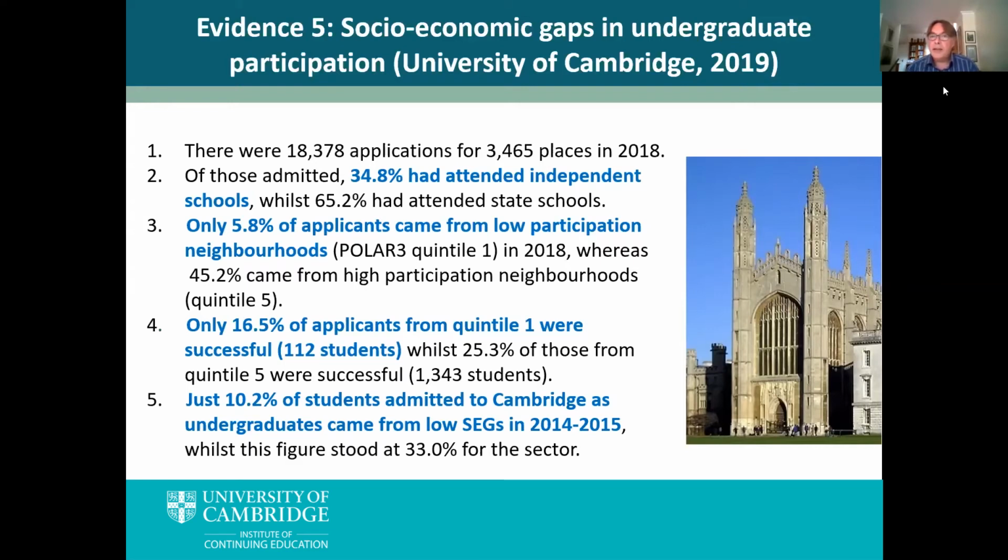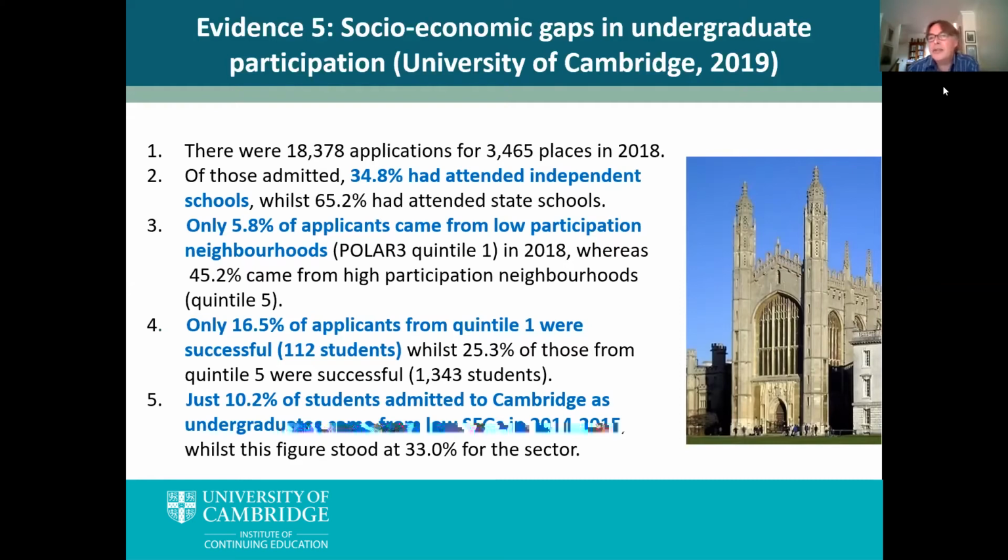The other way of measuring access to Cambridge is using socio-economic group or a measure of social class. And one of the standard measures has been the Office for National Statistics measurement of socio-economic group. But in 2015, HESA, the Higher Education Statistics Agency, actually decided that the measurement of social class in universities was so inaccurate that it withdrew the measure.